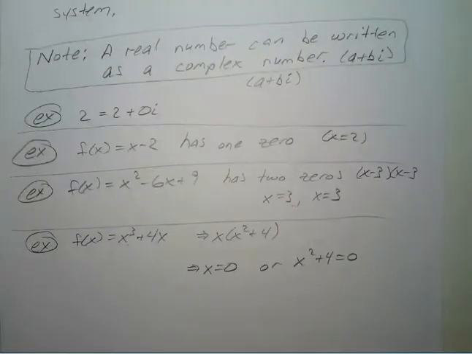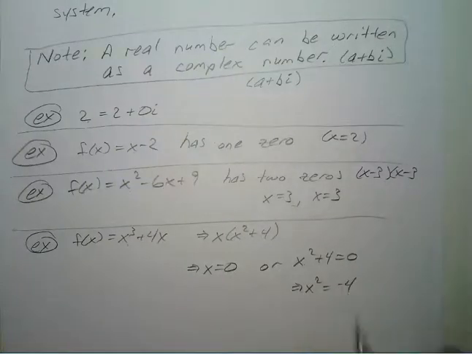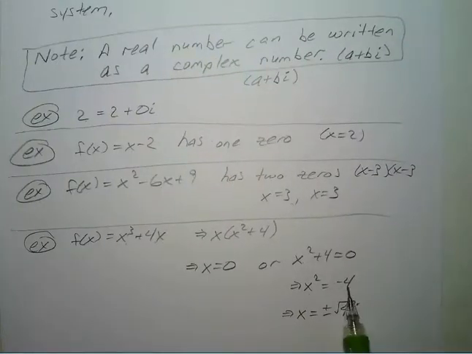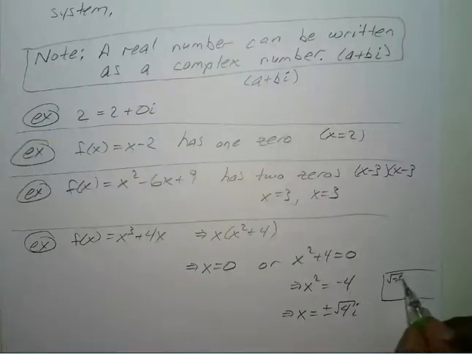If we make this equal 0 and subtract 4 from both sides, that gives us x squared equals negative 4. We square root both sides, that gives us x equals plus or minus the square root of negative 4, because the square root of negative 1 is equal to i.